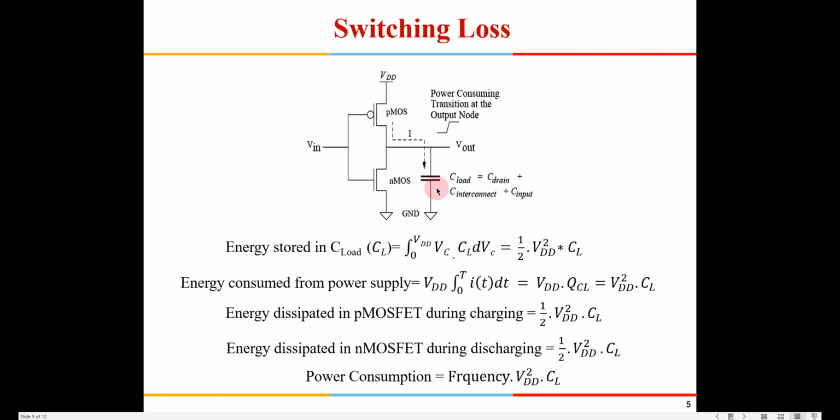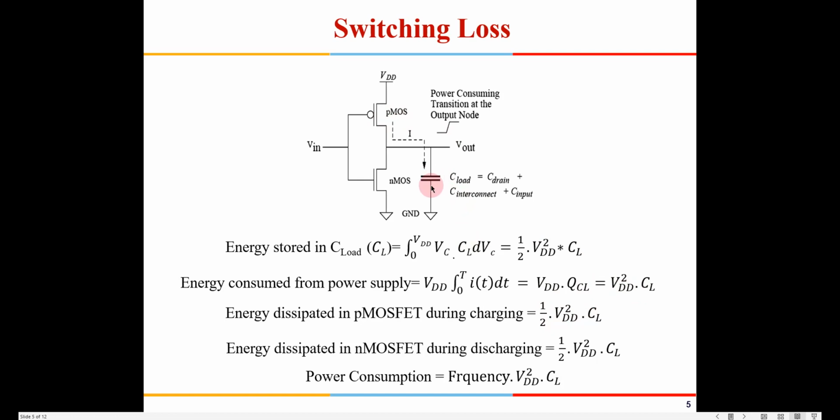They don't consume energy. But while charging this capacitor, since a current flows from VDD to the capacitor through the PMOS, if you consider it as a resistance, an I square R loss will be there. The total energy dissipated as heat is given by half VDD square CL.